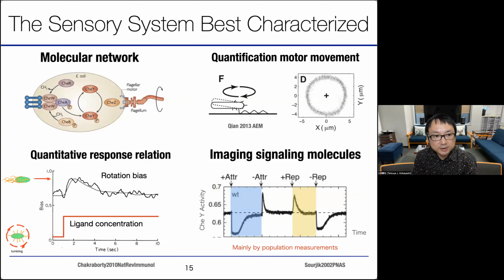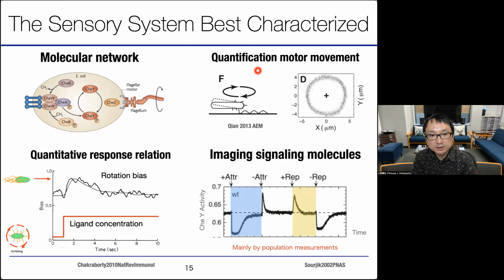The reason why we are looking at this E. coli chemotaxis is that this is the sensory system characterized best quantitatively, I think. We already know the major molecular network and molecular modification involved in this E. coli chemotaxis, depicted here.